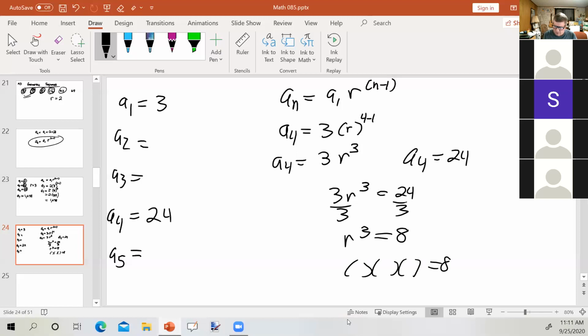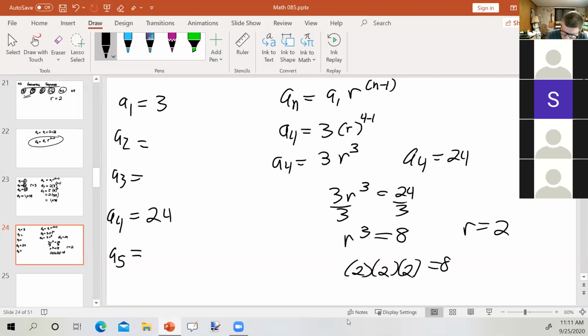What could that number be? 2. 2 times 2 is 4 times 2 is 8? Yes. So r cubed is 8, r equals 2. So now I know the common ratio is 2. Any questions about what happened there before we go on?